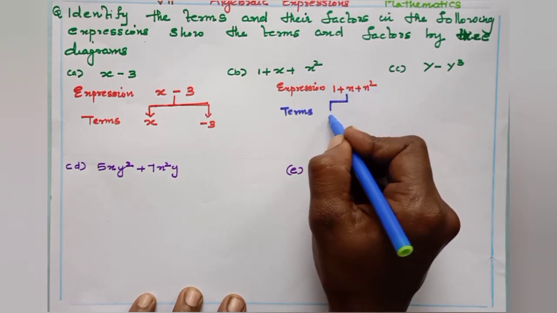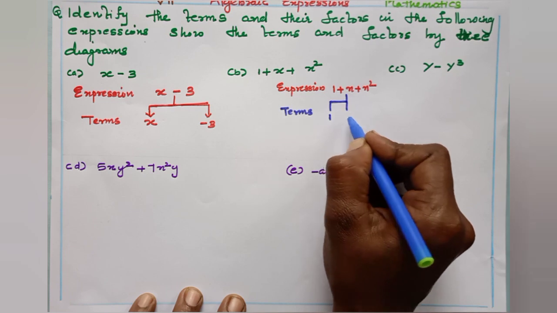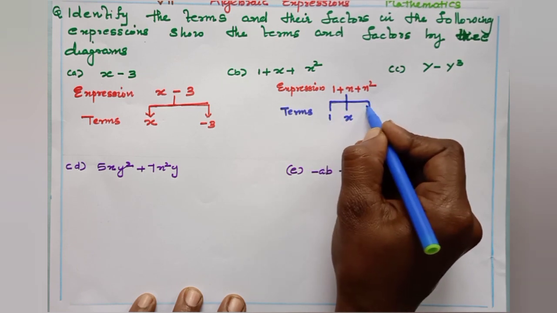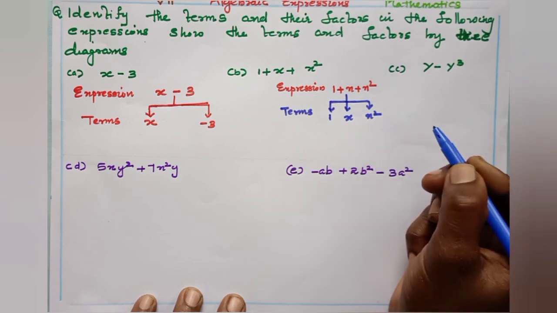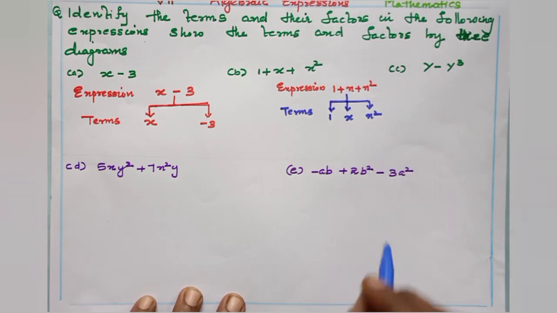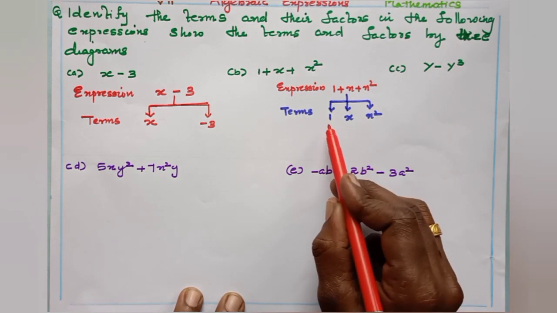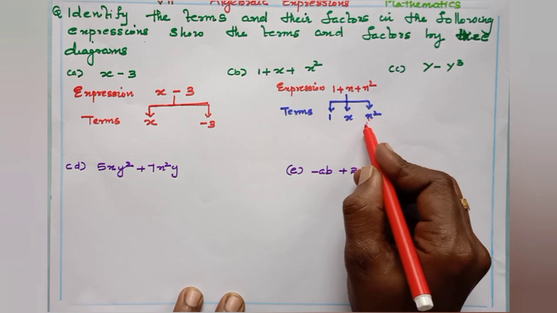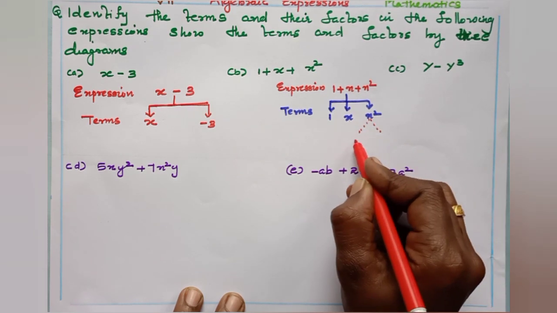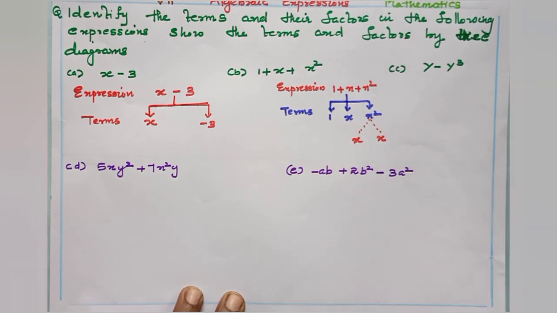The first term is 1, the second term is x, and the third term is x square. Then we can split this. 1 and x are the same factor, and x square we can split as x into x.